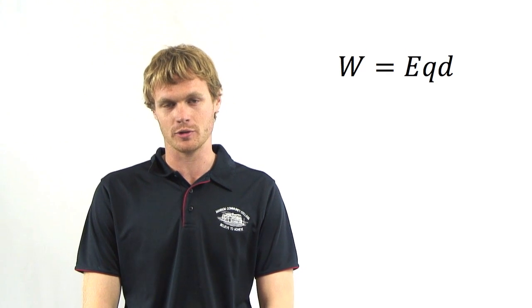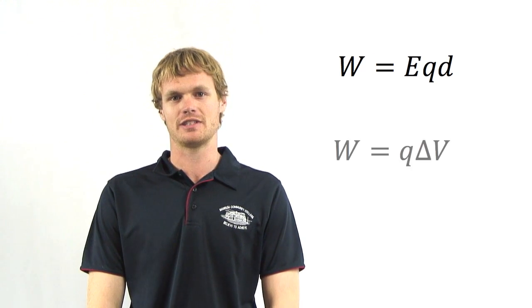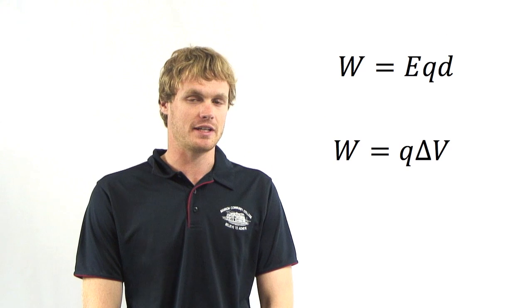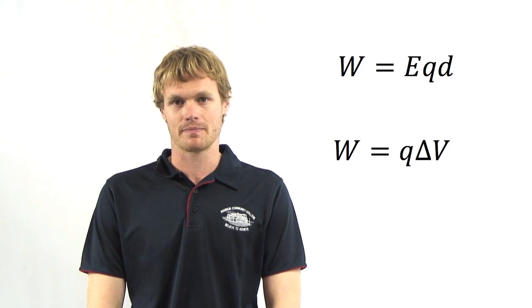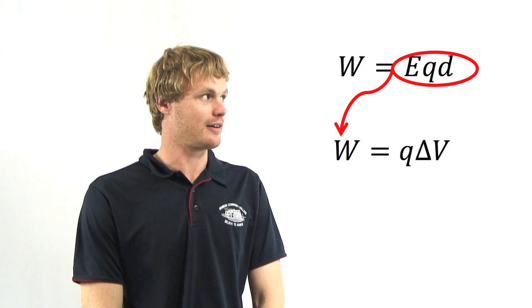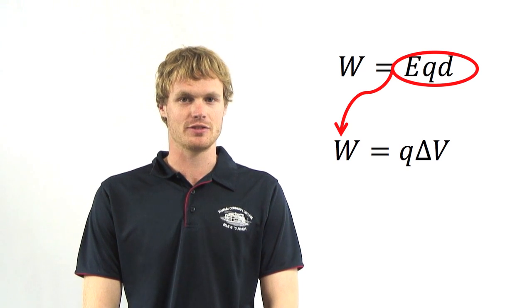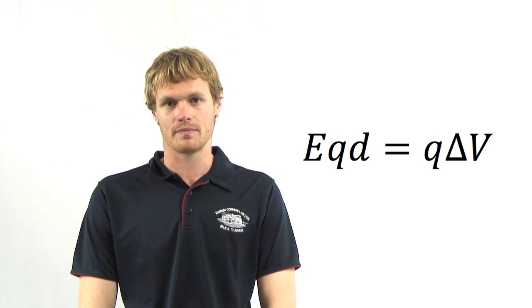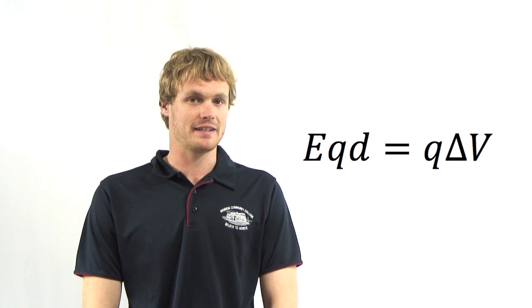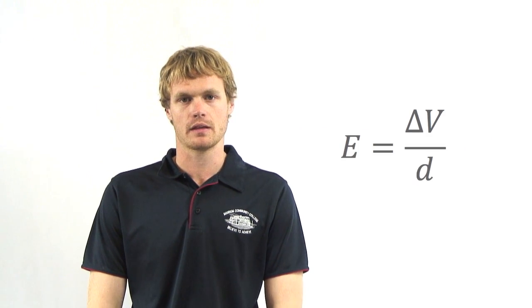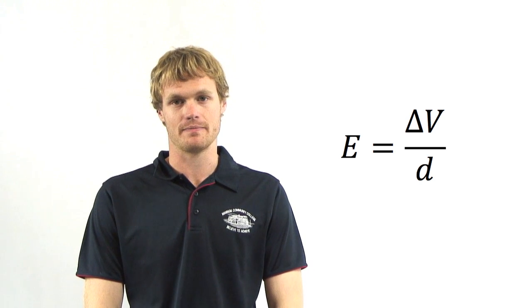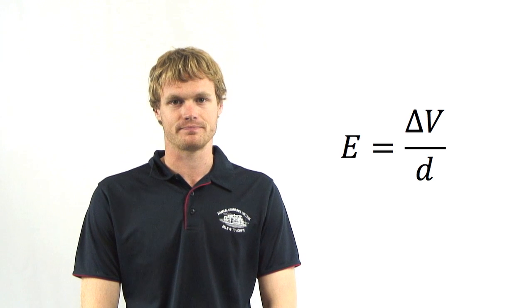From the formula I gave you before, we know that delta V is equal to W on Q. If we rearrange this to get W by itself, we get W is equal to Q times delta V. Now if I equate this with the formula that I derived before, I get that EdQ is equal to Q delta V. Now if I rearrange this to find the electric field E, I get that E is equal to delta V on d, because our two Q's cancel each other out.